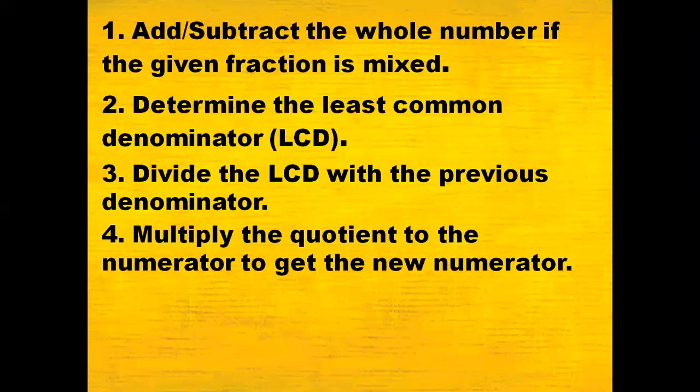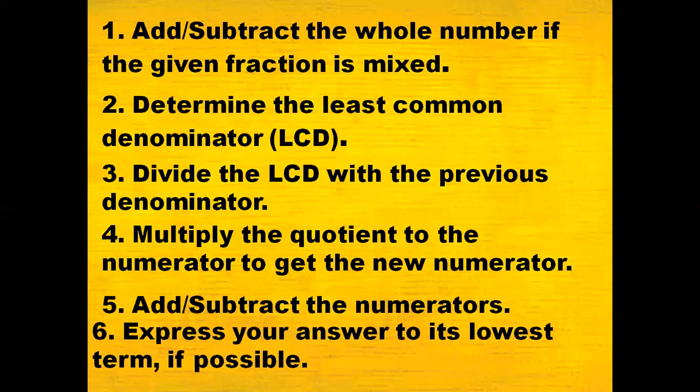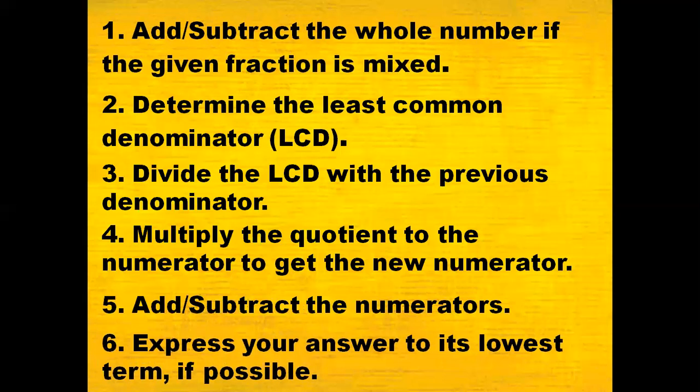Number 4. Multiply the quotient to the numerator to get the new numerator. Number 5. Add or subtract the numerators. And finally, express your answer in its lowest term, if possible.